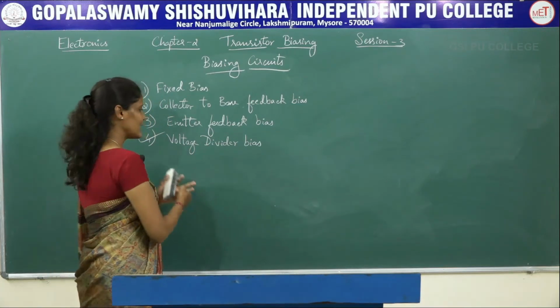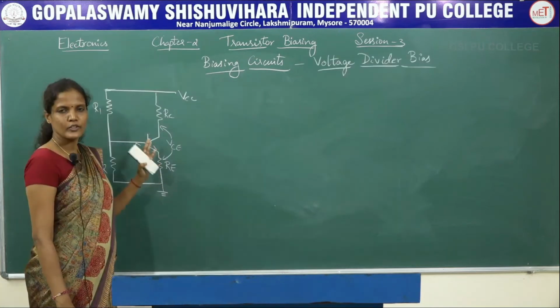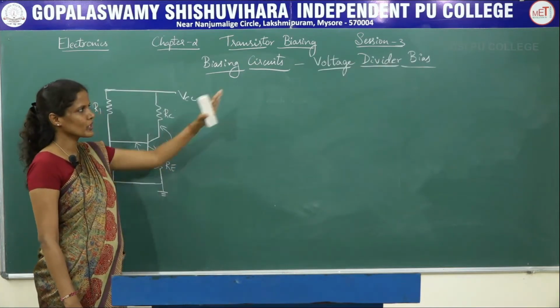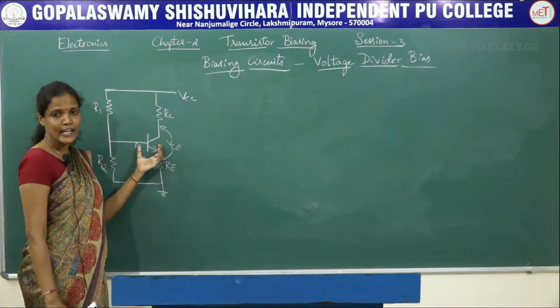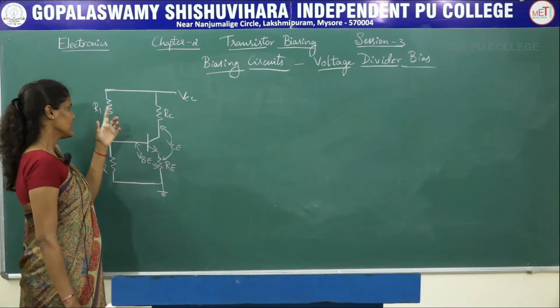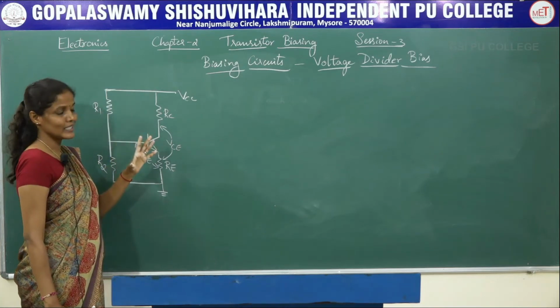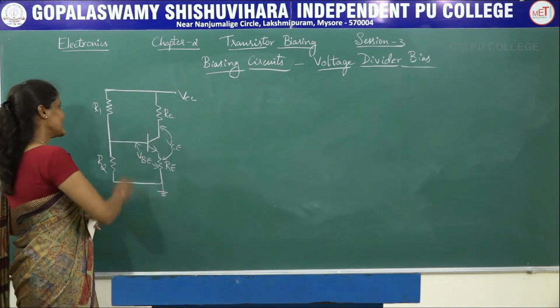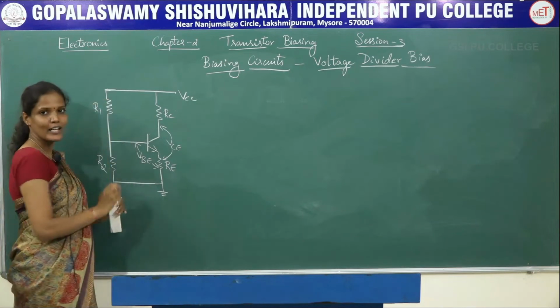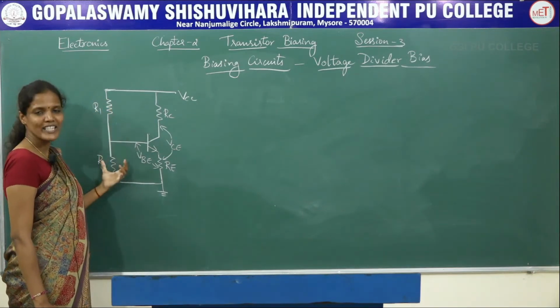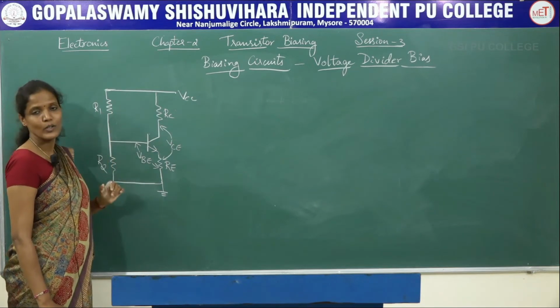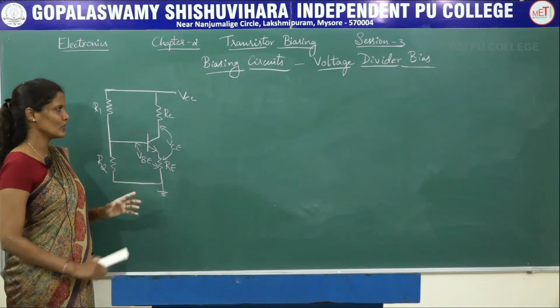Let us try to understand this in detail. This is the circuit we are going to use for voltage divider bias. Here I have taken an NPN transistor. The name voltage divider comes from these 2 resistors, R1 and R2, because these 2 resistors are behaving as a potential divider across the DC voltage source.